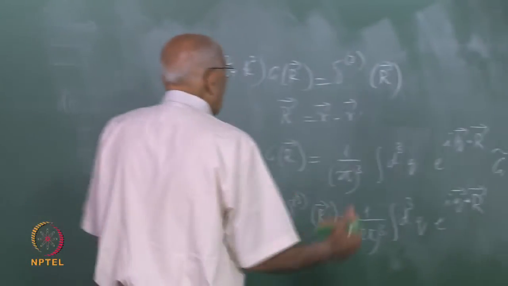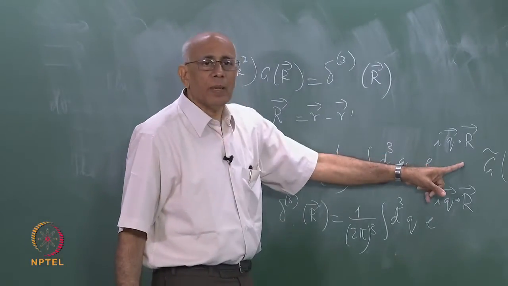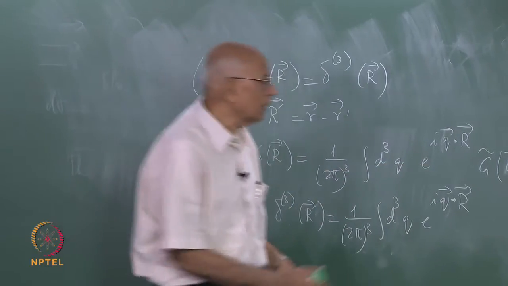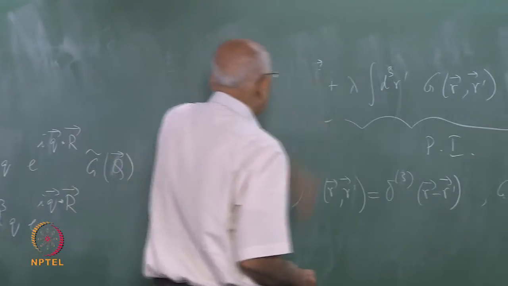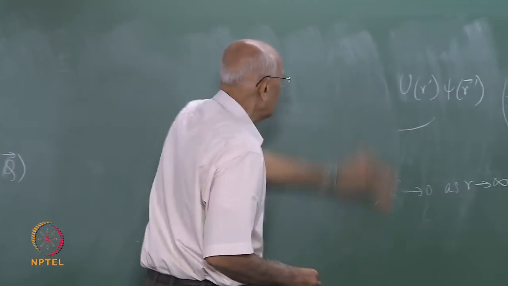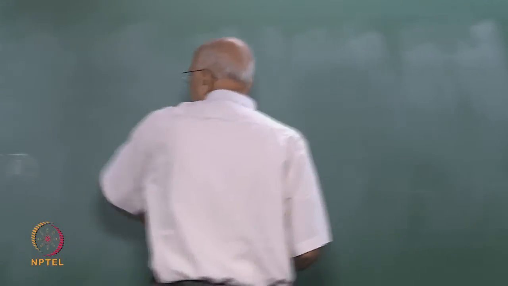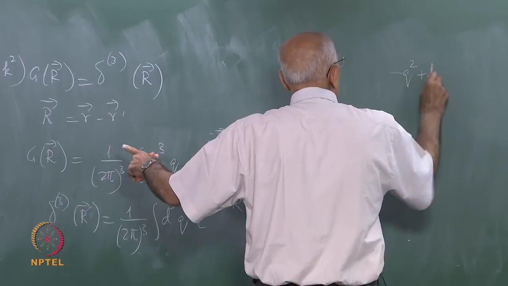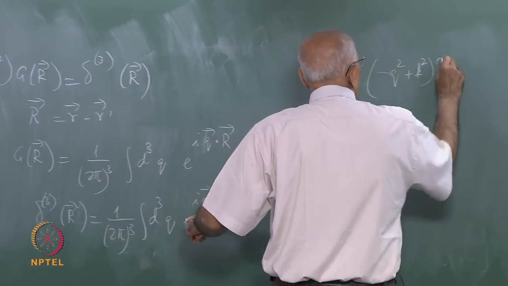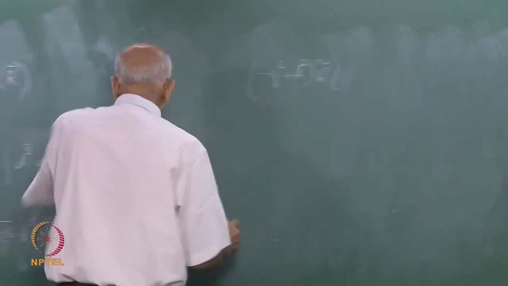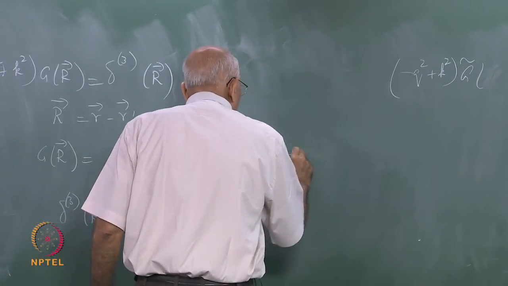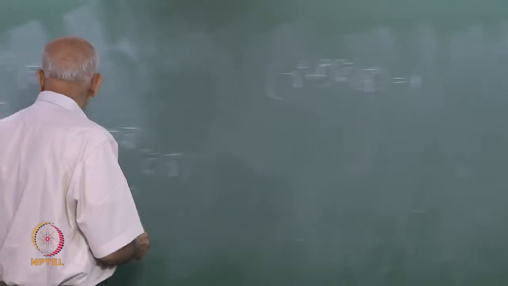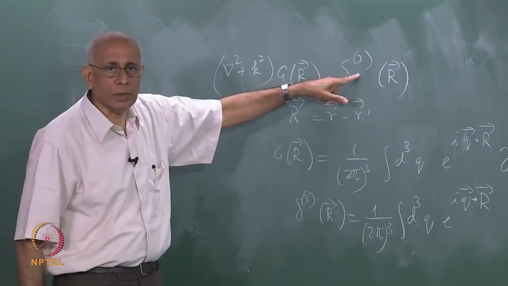And then the usual game, I put that in and I argue this is a complete set of functions of capital R, so each Fourier coefficient must be equal. So let us write that down immediately. This will tell you that minus q squared plus k squared times g tilde of q, little q, equals 1, because that is the coefficient of the delta function here.